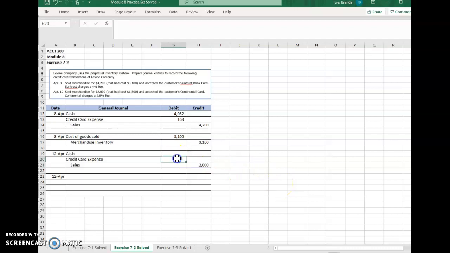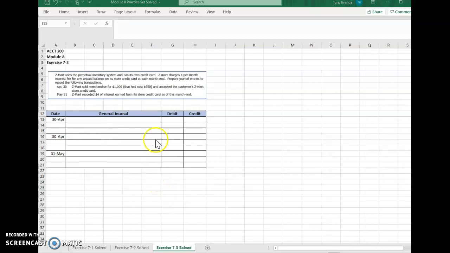My credit card expense is the 2,000 times 0.025, and my cash is the difference between those two numbers. We also know that we need to record the cost of those goods sold, and that number is 1,500. We remove them from inventory by crediting merchandise inventory.